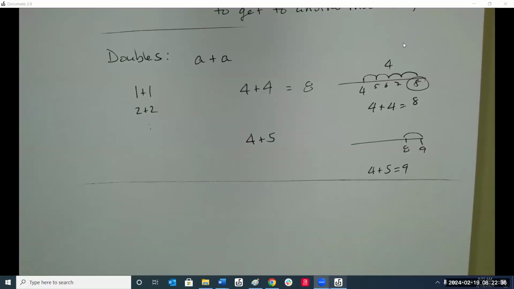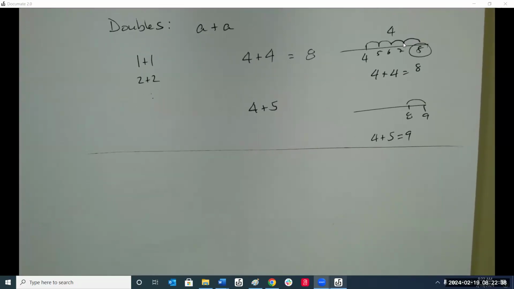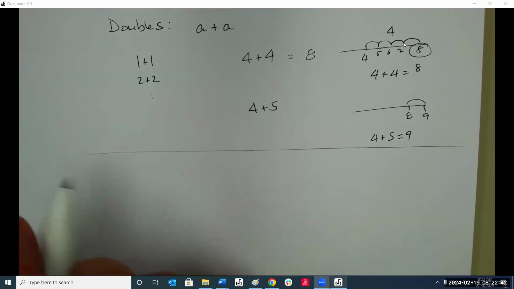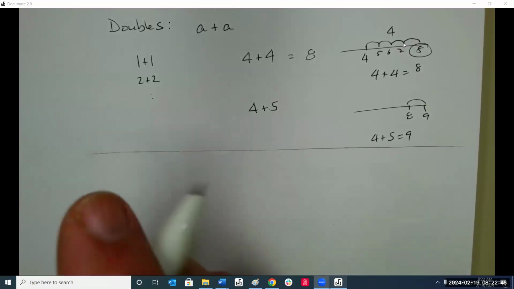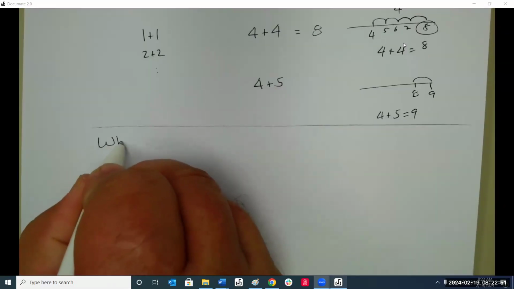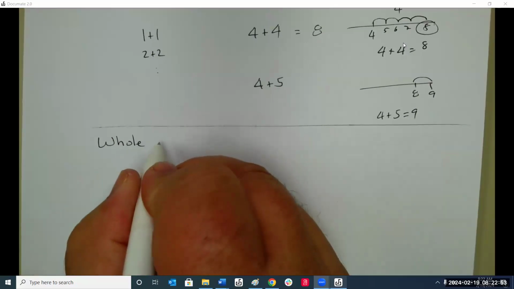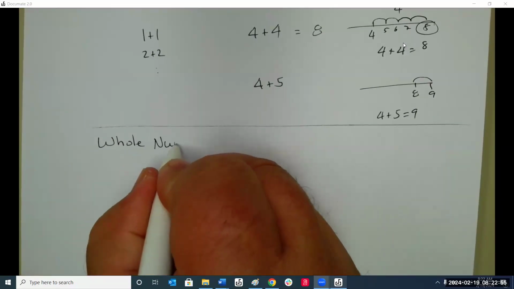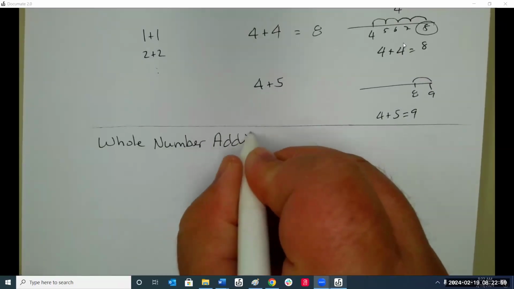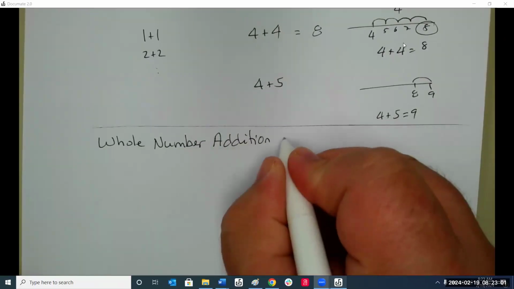All right. At the beginning of each math class, I always start off by discussing the properties of mathematics. These are the rules on what we can use to study and learn and teach math. So this section is entitled Whole Number Addition Properties.